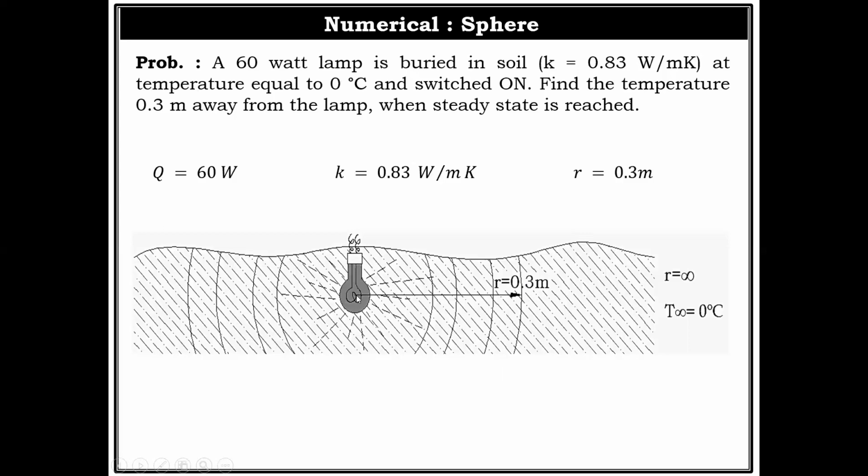Remember, the bulb is now on, so the temperature at the bulb zone is highest. For the remaining soil, suppose at infinite radius the heat has still not reached, so its original initial temperature is sustained there. So from the bulb to R infinity, the temperature of that soil is 0 degree centigrade. We have to find the temperature of the soil at R equals 0.3.